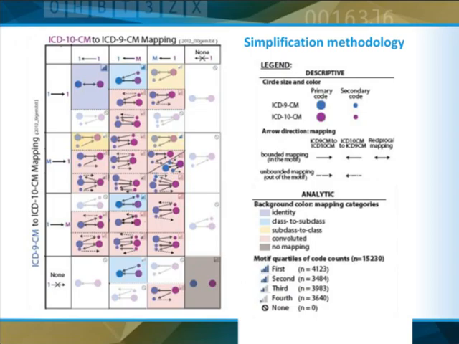The good news is we were able to take this perspective and simplify it further so you can run reports or at least understand where to go next. So our simplification method, what you can do is take a look.